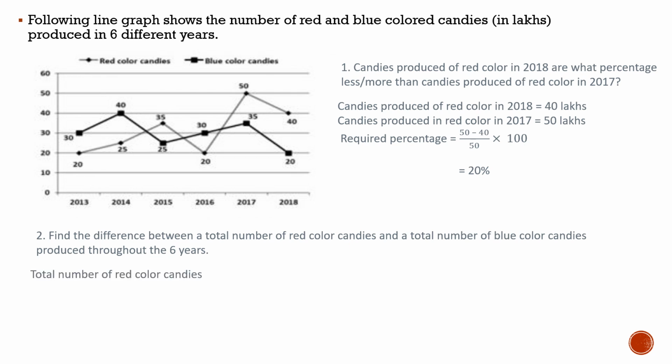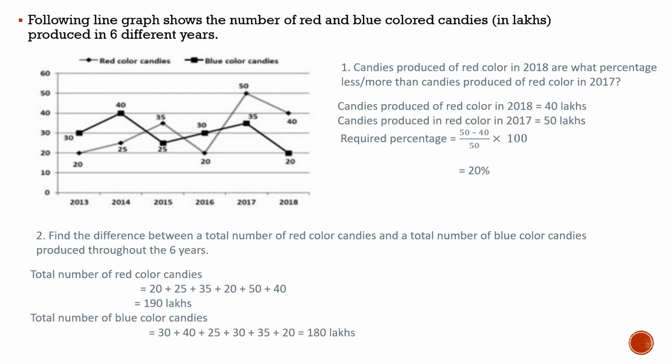So for red color candies, starting from 2013, the production is 20, 25, 35, 30, sorry 20, 50 and 40. So total is 190 lakhs. And for the blue color candies, 30, 40, 30, 25, 30, 35 and 20. So total 180 lakhs. And the difference is 190 minus 180, that is 10 lakhs.